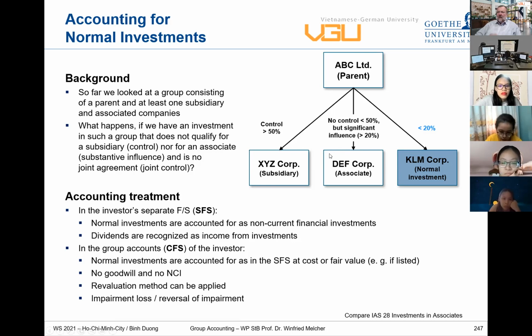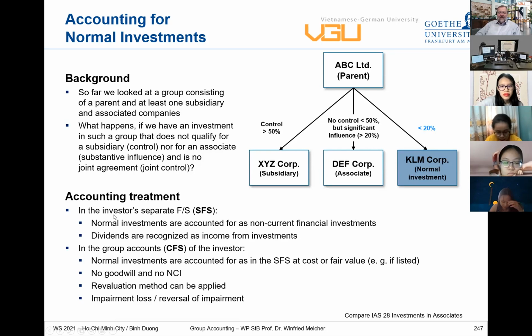And then, well, we have another investment, which we would just call a normal investment. So that is less than 20%. Normal because you don't have control and you don't have a significant influence. So it's nothing special. So what is the accounting treatment for this normal investment?